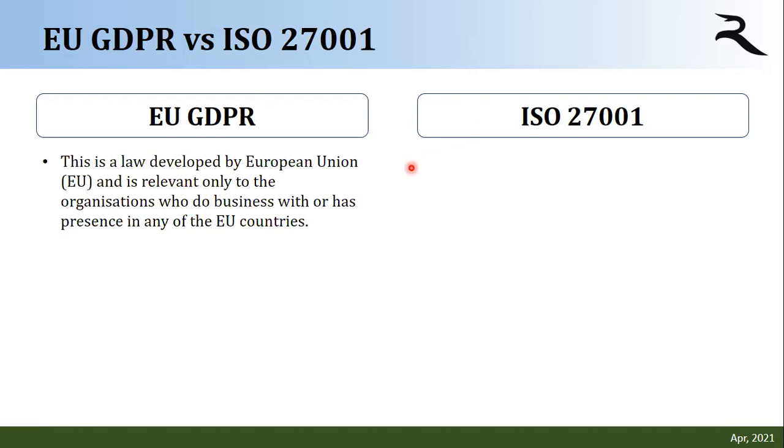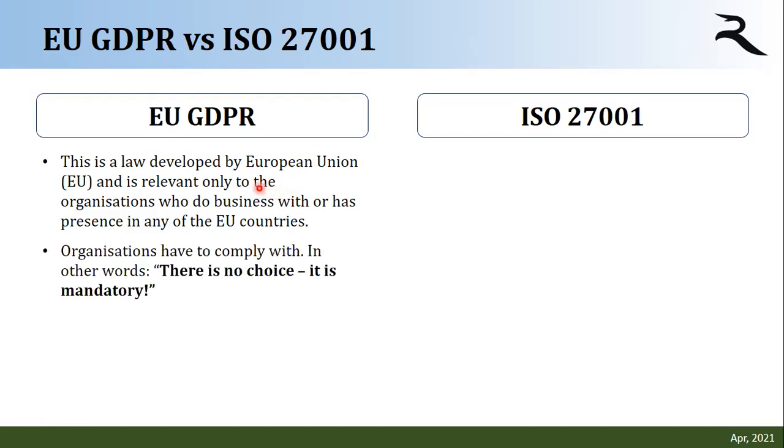We need to understand a law is different to a standard. ISO is a standard. Now, when you say a law, you have no choice. You've got to abide by it. Anyone who does business in the European Union, you have no choice. And if you do not comply with that, then you have penalties. Hence, as I said, there is no choice, it is mandatory.